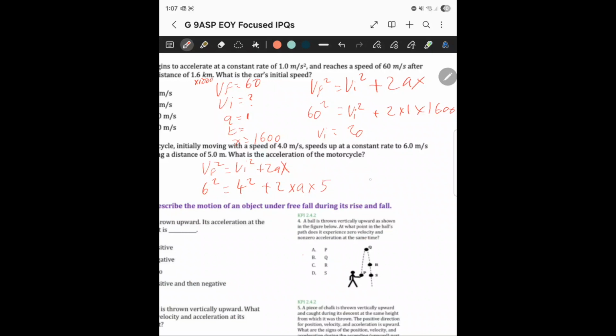Putting that into my calculator, let's do the shift solve again. 6 squared alpha equals 4 squared plus 2 times alpha x multiplied by 5, shift solve 0, and I get 2 meters per second squared.